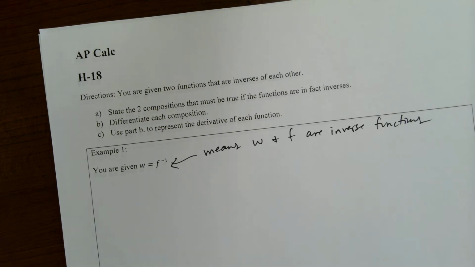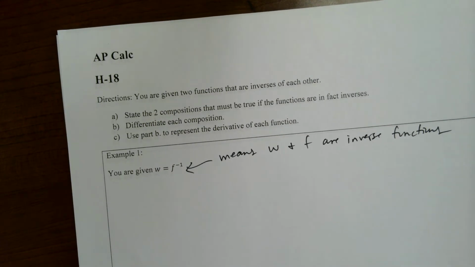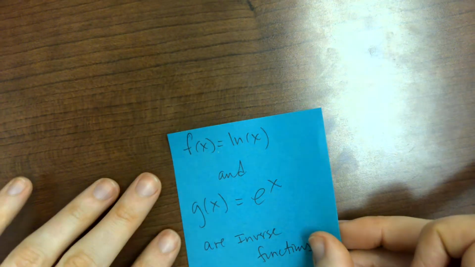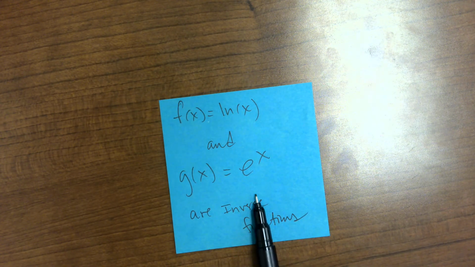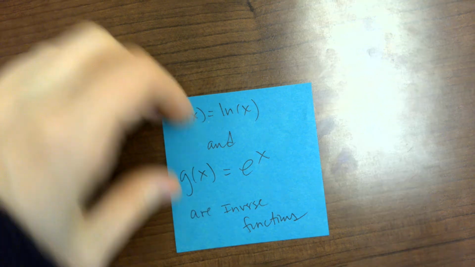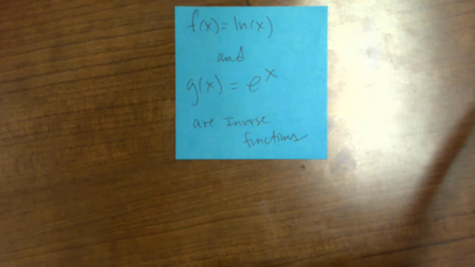Now let me draw your attention to two inverse functions that we've worked with before: natural log of x and e to the x. Those are inverse functions, all right? Now, what we're dealing with today, we want to think about compositions of inverse functions.